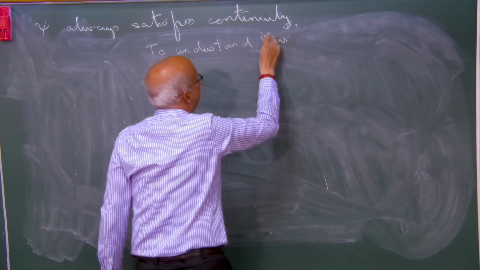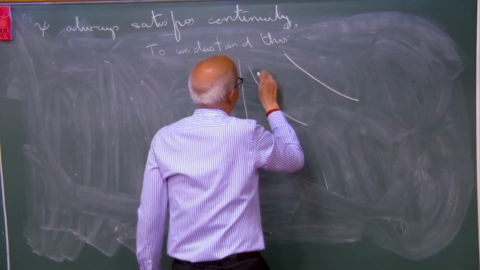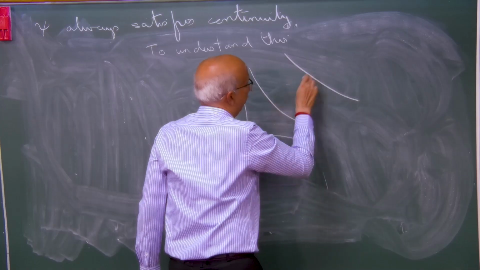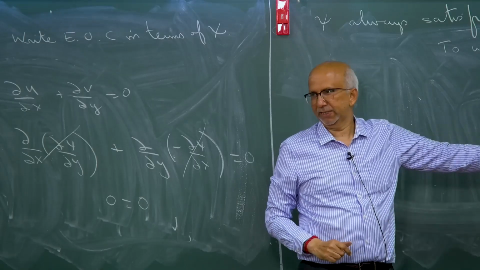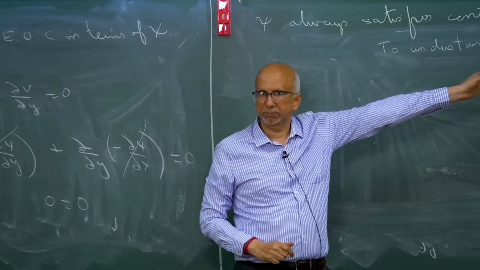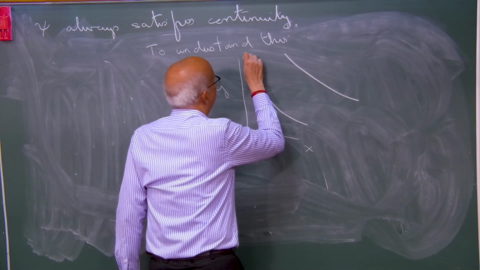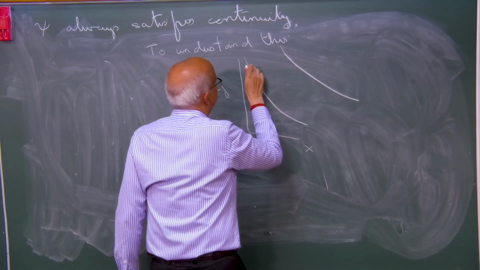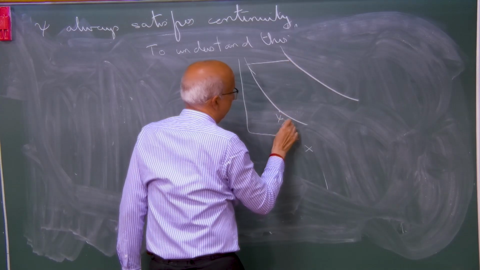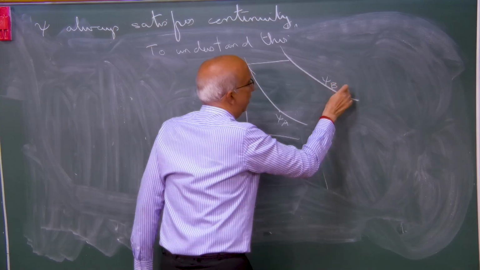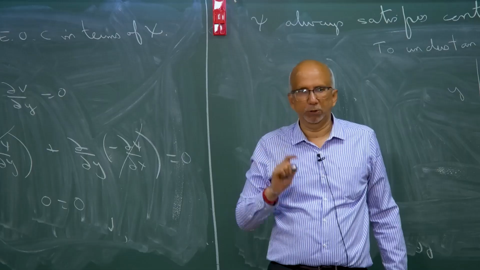Okay, and to understand this, I am going to take the same problem, and this is a streamline. What I have drawn is two streamlines. On that curve, psi is constant, psi is some other constant on the other curve, and this is x and this is y. So, let us call this psi A and this is psi B. Psi equal to psi A on this curve, psi equal to psi B on the second curve.